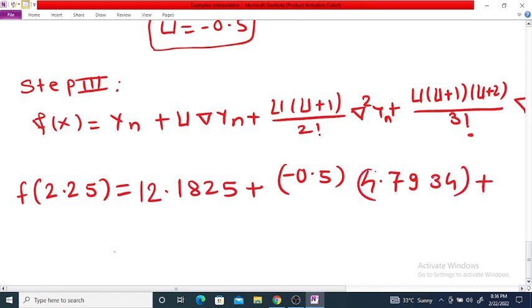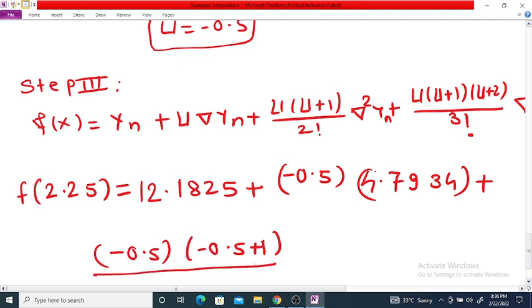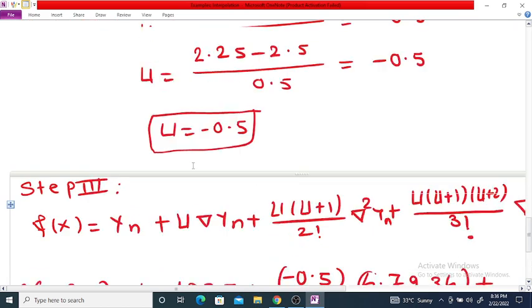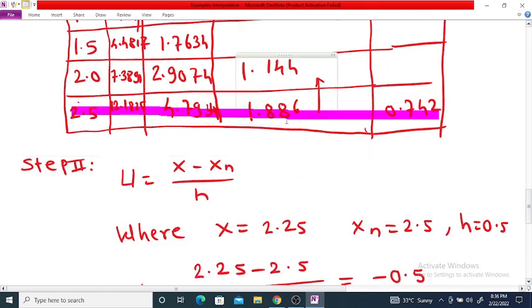Plus u, which is minus 0.5, into minus 0.5 plus 1, divided by 2 factorial, which is 2, into del square yn. What is del square yn? It is 1.886.